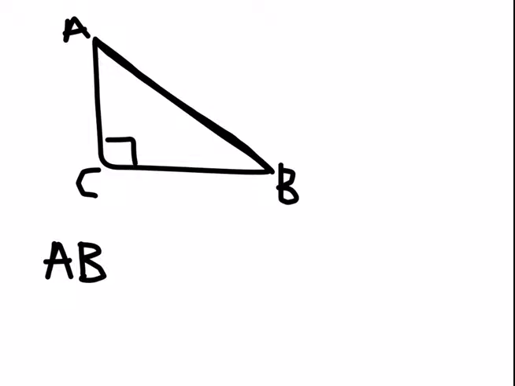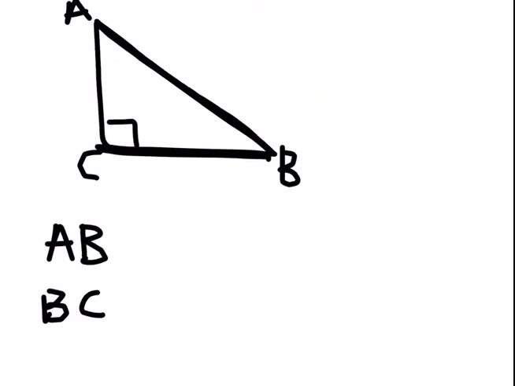And if we say BC, we are simply saying from B to C, just like AB: A comes first, B comes second. So that means we are talking about that side. And if we want to talk about this vertical side, we say side AC.